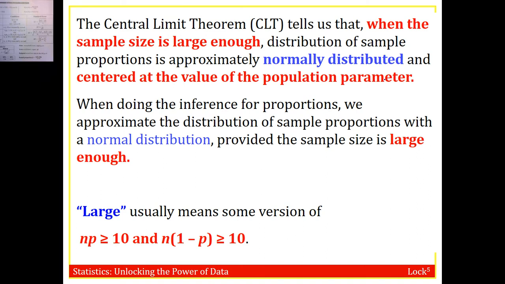When doing inference of proportions, we approximate the distribution of a sample proportion with a normal distribution, provided that the sample is large enough. Well, what does large enough mean? In our terms, large enough means that n multiplied by the proportion will be greater than or equal to 10.